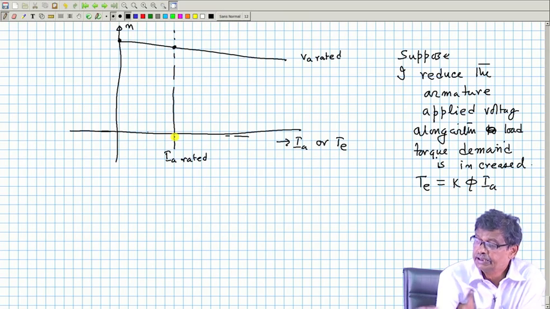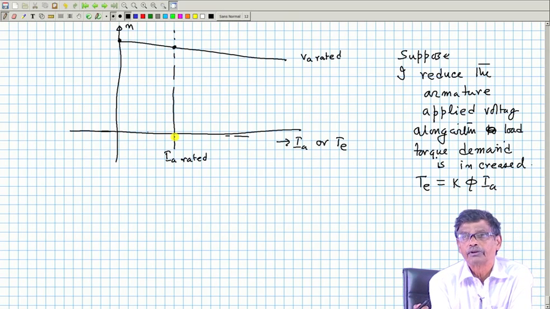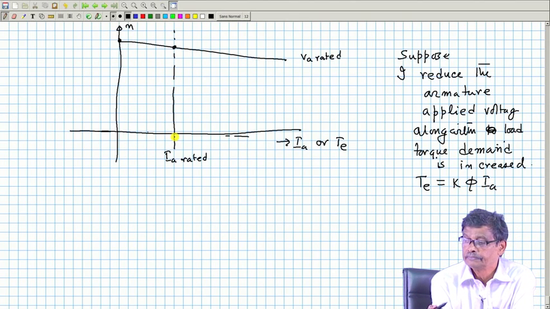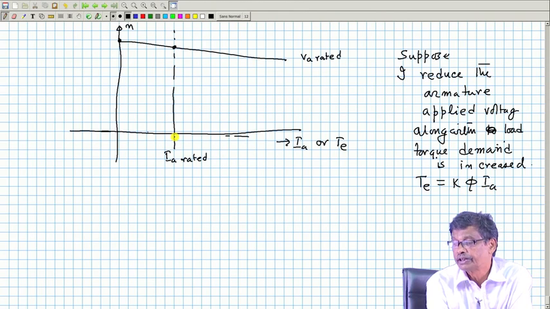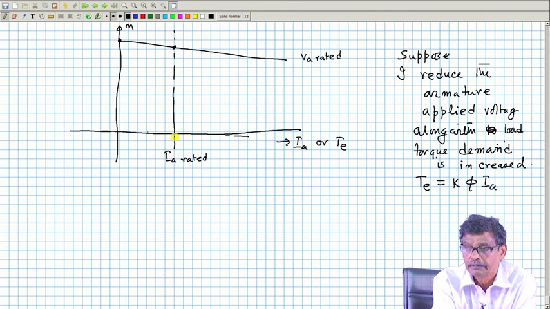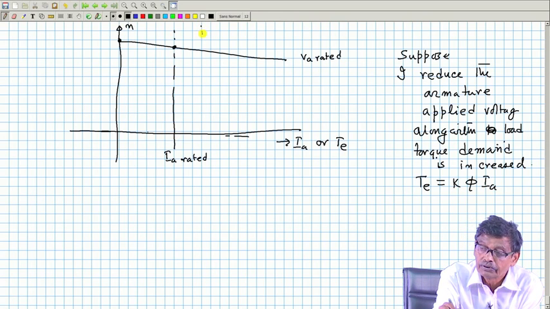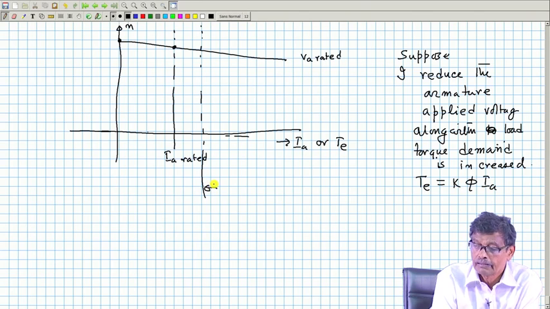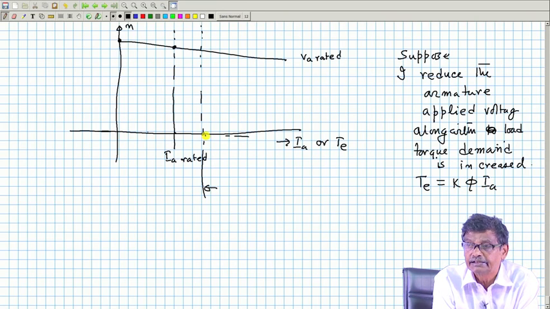If you increase the load torque on the shaft of the machine, phi is constant, so IA must be more than what it was at this point. Therefore, the motor is going to draw a current greater than the rated current. The machine will be overloaded.